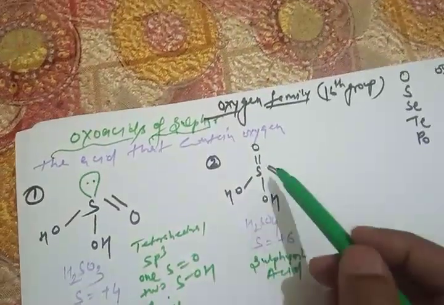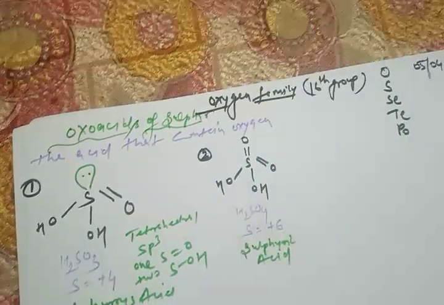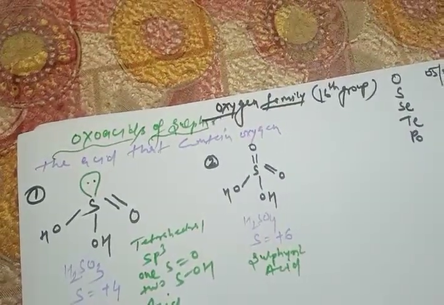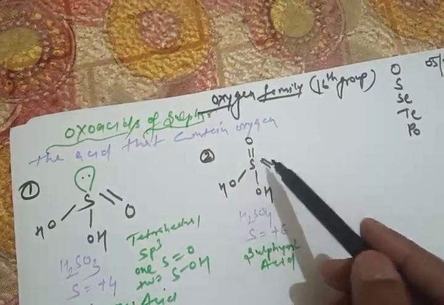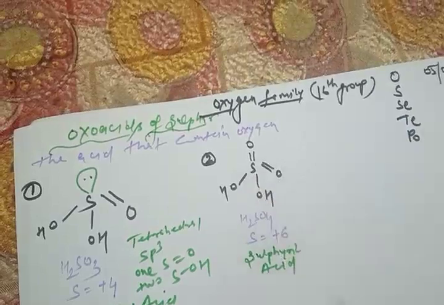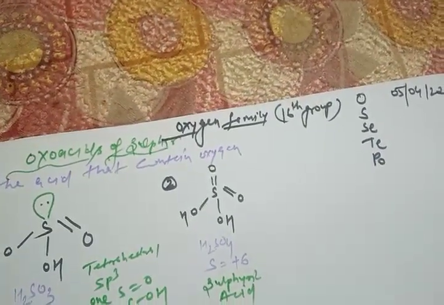Here we have two S double bond O and two SOH bonds, and again the sulfur is in tetrahedral geometry with sp3 hybridization. This is the additional information you can write here.